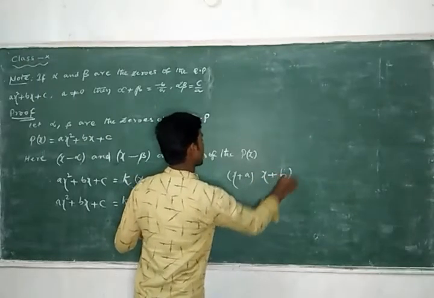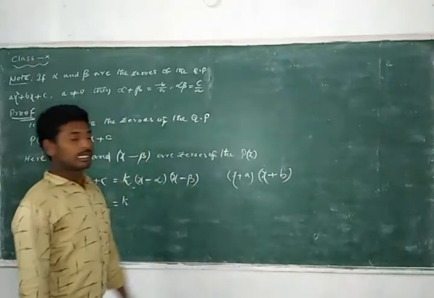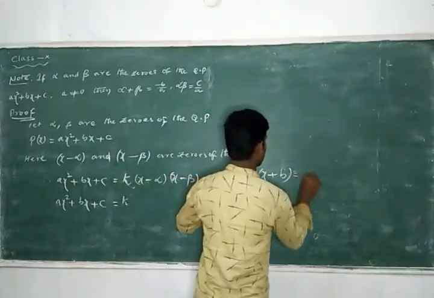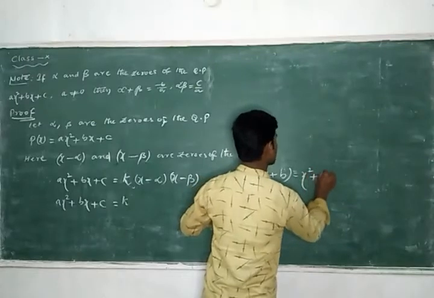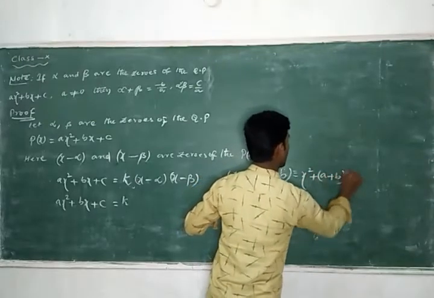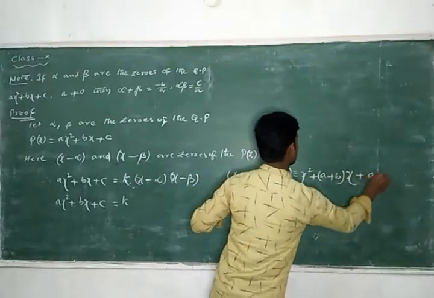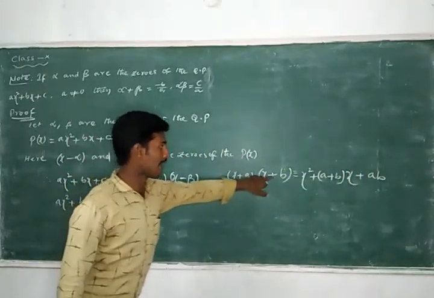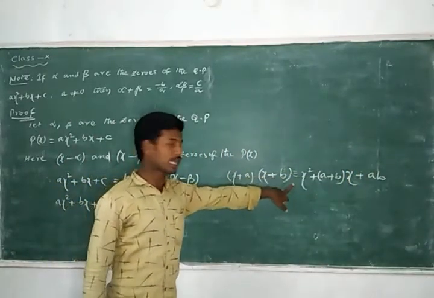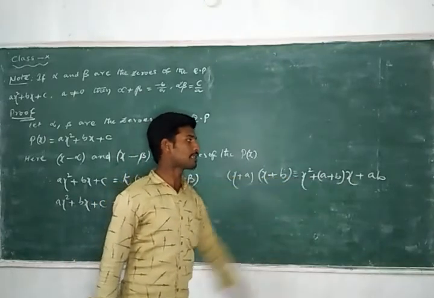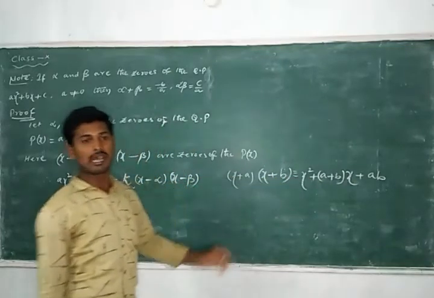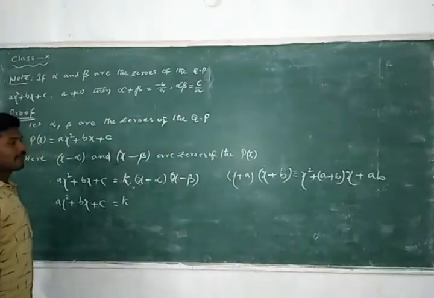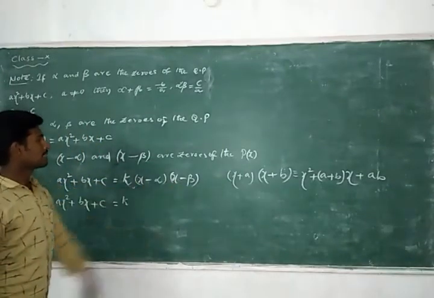You already know this identity: x plus a and x plus b is identically equal to x square plus a plus b into x plus ab. Using that identity, we can convert x minus alpha, x minus beta.